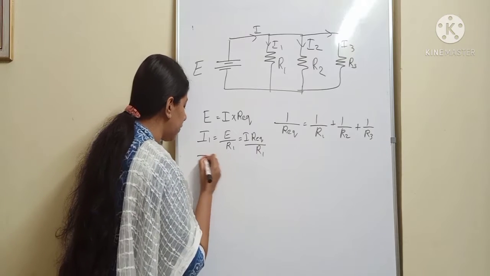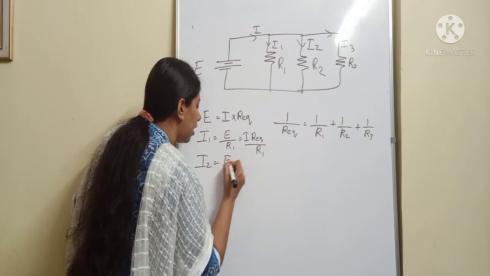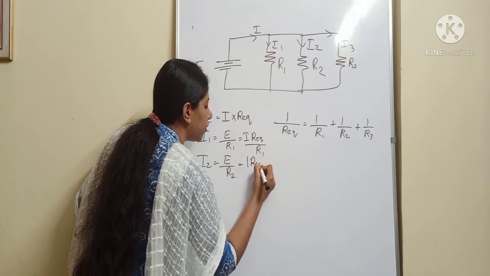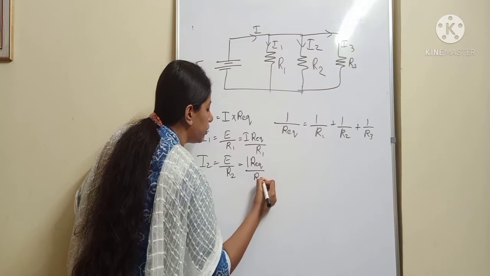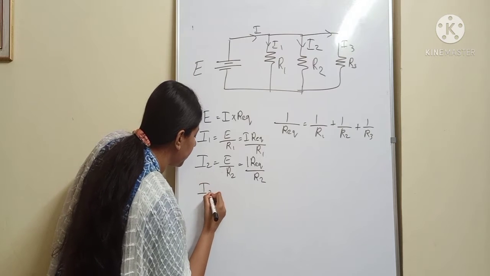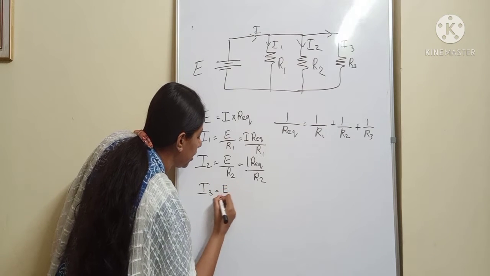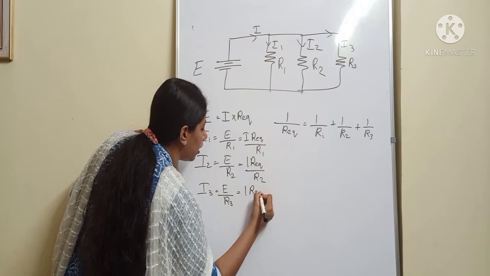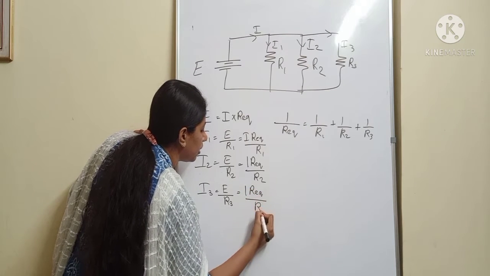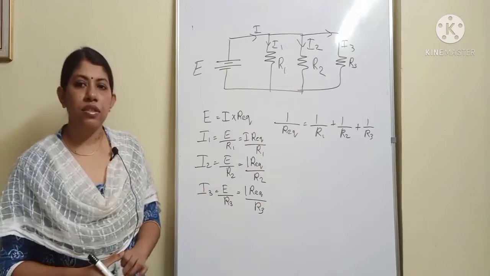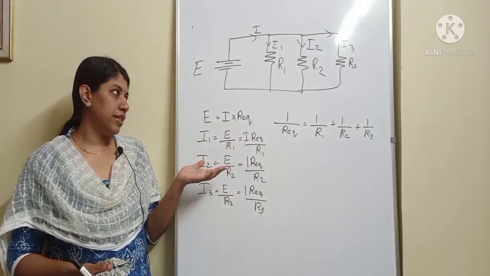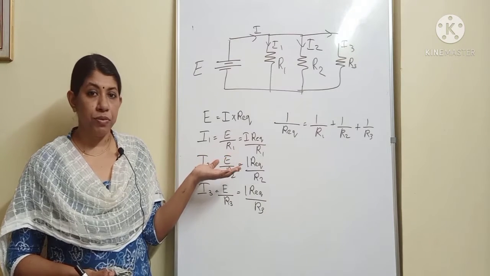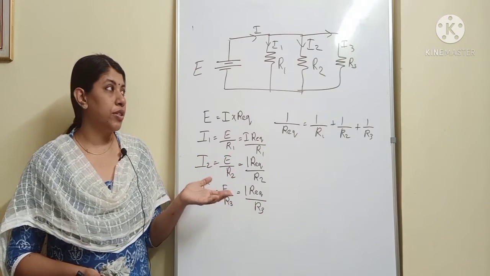Similarly, I2 is given by E by R2, so I into R equivalent divided by R2, and I3 is given by E by R3, which will be equal to I into R equivalent by R3. So this is how you will write the current divider for a circuit having more than two branches. I hope it is clear to you.